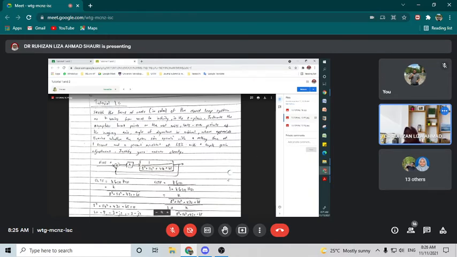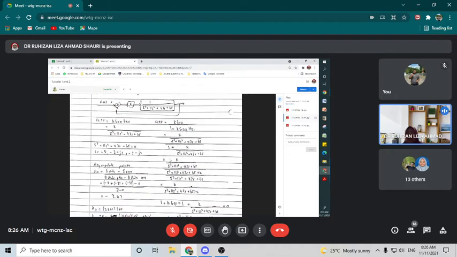Now let's have a look at the sketching. First things first, you list down all the poles and zeros from the open loop transfer function. This is important because when you don't write it, you can possibly make mistakes with the plus and minus.